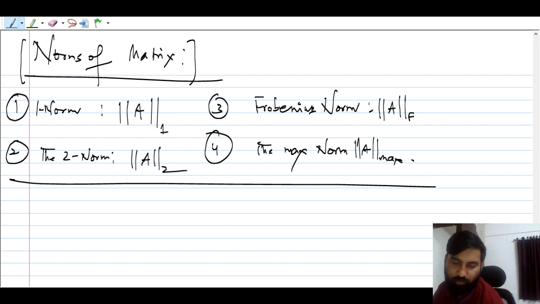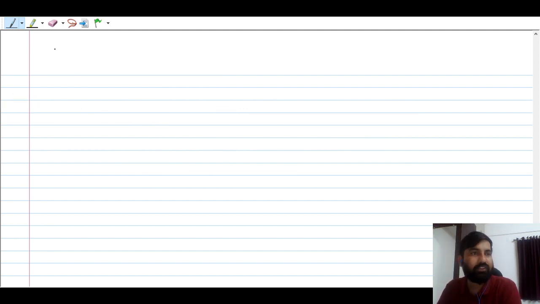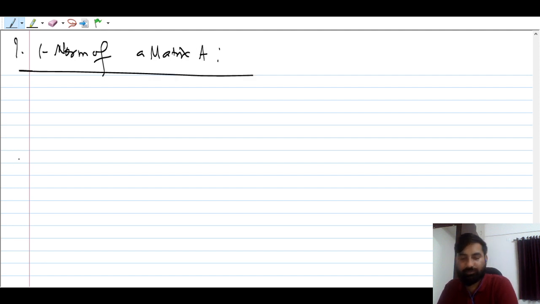Now the question is, how do we obtain the one norm of a matrix? आपको क्या करना है? Let me tell you the one norm of a matrix A. You can easily obtain the one norm of a matrix by summing. The step number one is what?